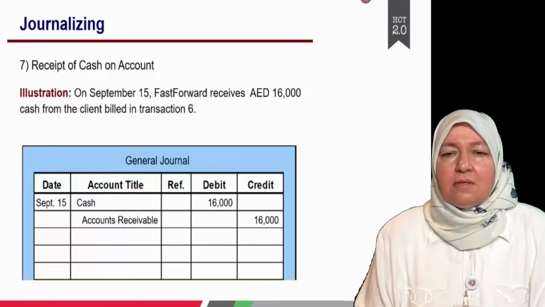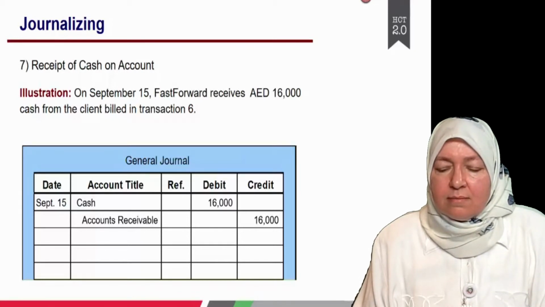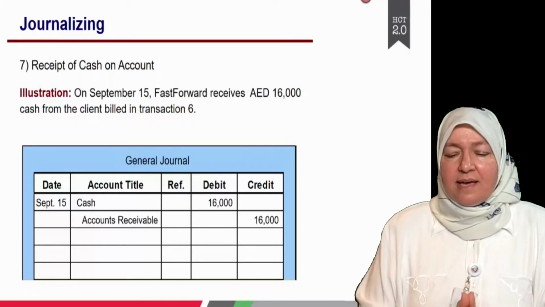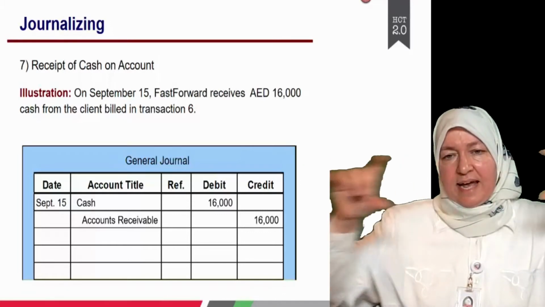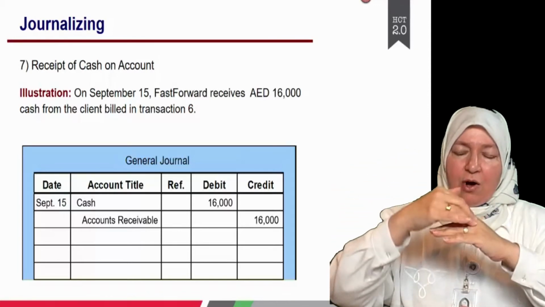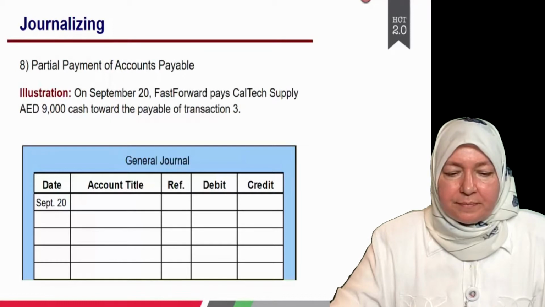That means they don't owe us anything. In that case, accounts receivable is an asset, its normal balance is debit, and it's decreasing, so it would be the opposite, so it's credit, accounts receivable by 16,000.